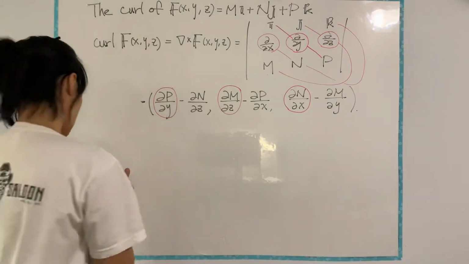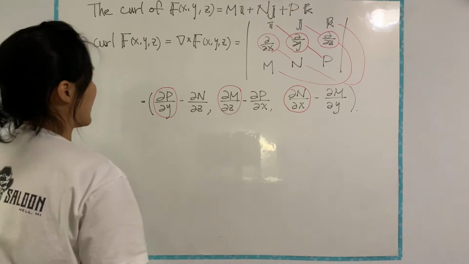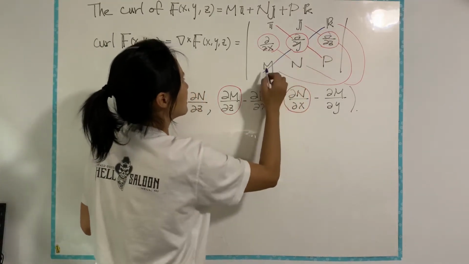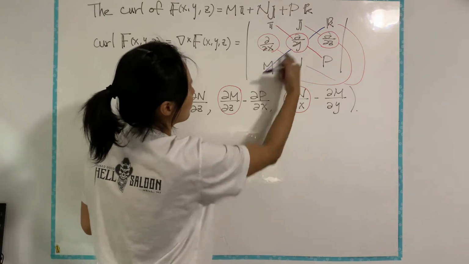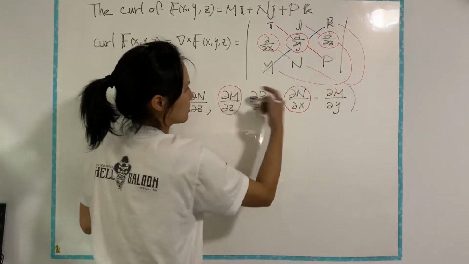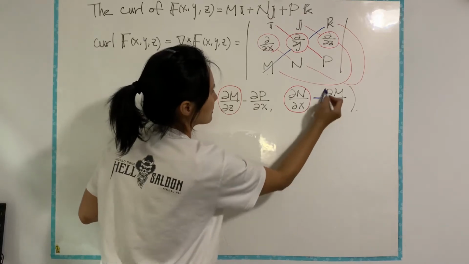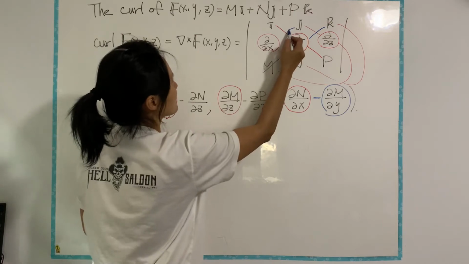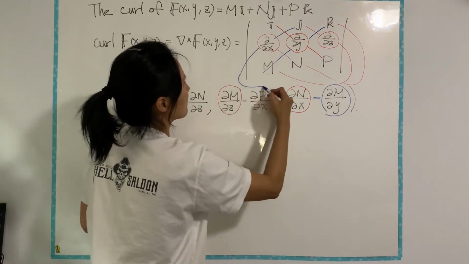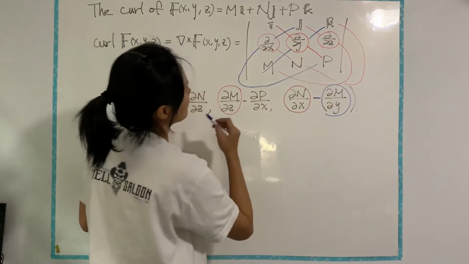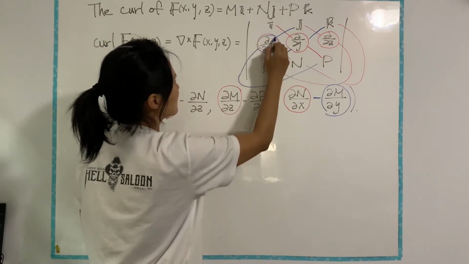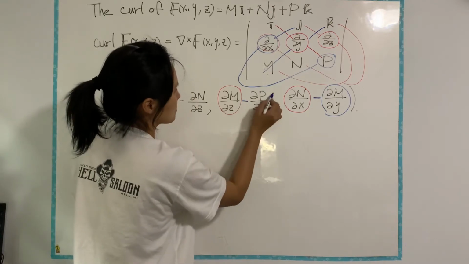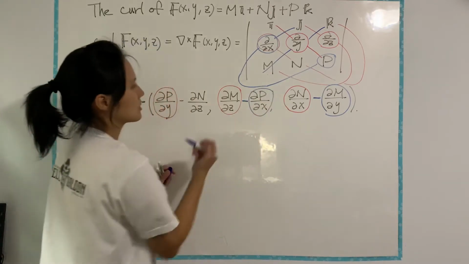And now we take care of the off-diagonal terms. Over here, I have d/dy and m, but it's in the off-diagonal direction, so it's minus dn/dy. The next one is d/dx of p with a minus sign, so minus dp/dx.